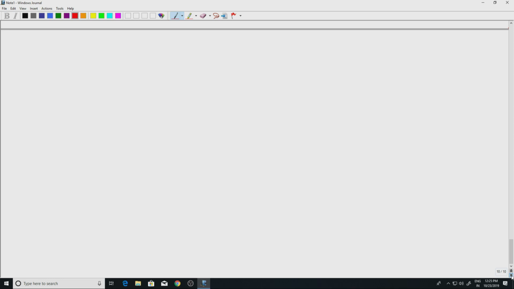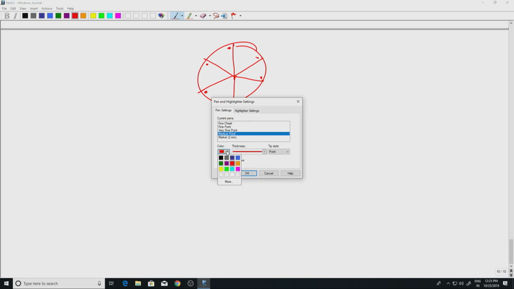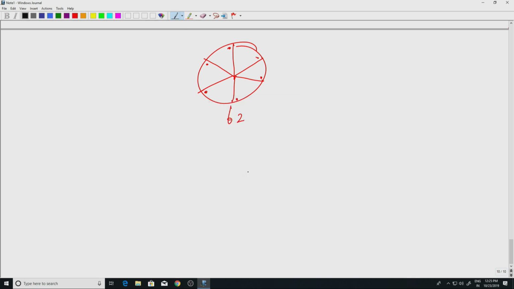The next one is 6 2. This is the 6th. Now the two-fold is operated. This is a two-fold. So you get a circle.